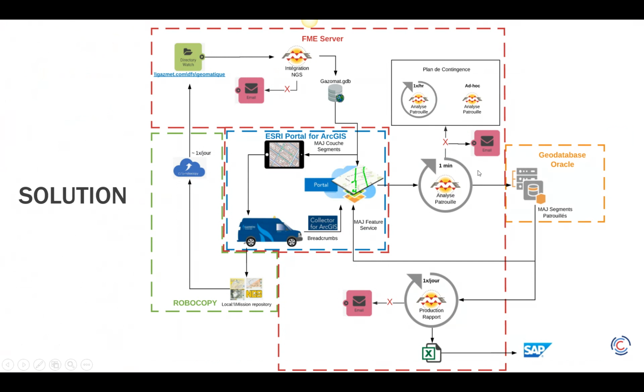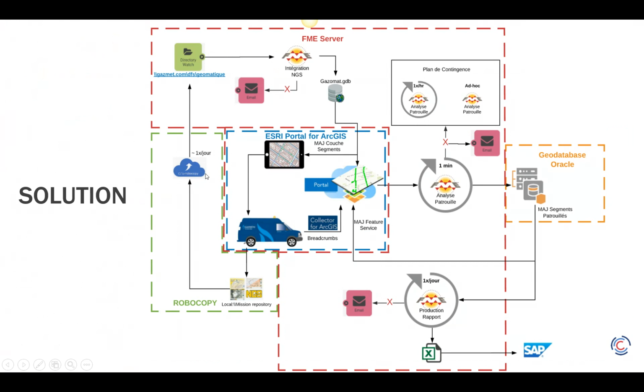It's basically geoprocessing that's happening on the fly. So the guy in the field can actually see, within a minute, where he has successfully inspected, but also internally they're able to follow that from a point of view of management of the field work. So FME's role here is to do the geoprocessing. It actually requires analyzing the breadcrumb and analyzing the pipe network and seeing which pipes have been inspected.